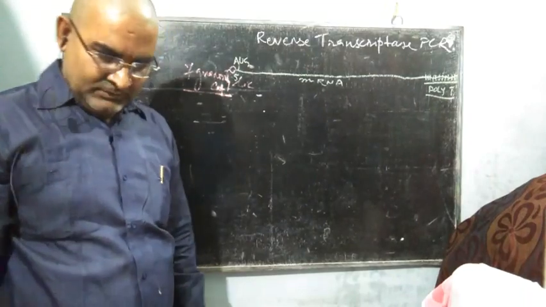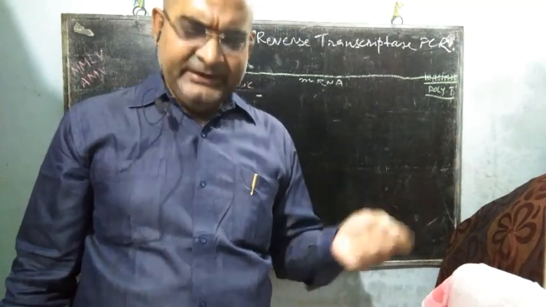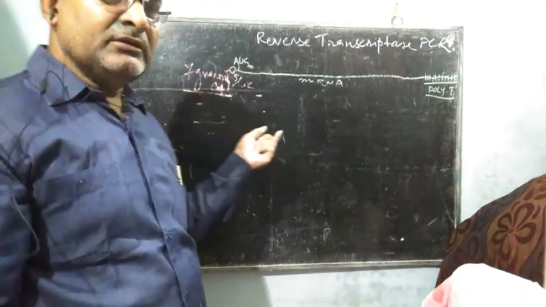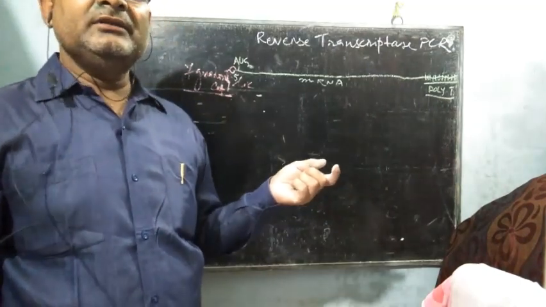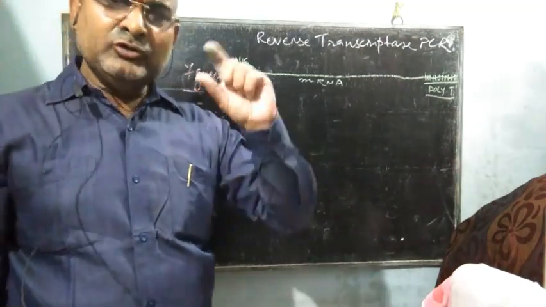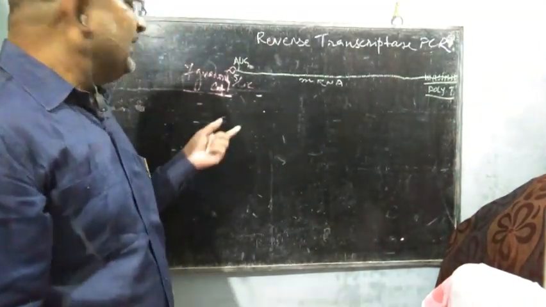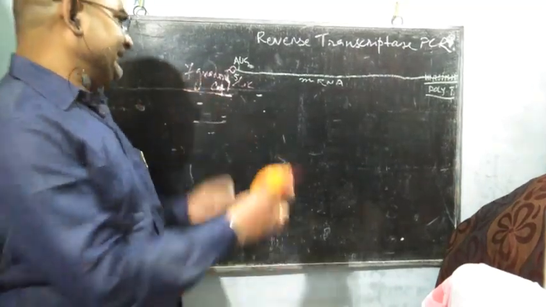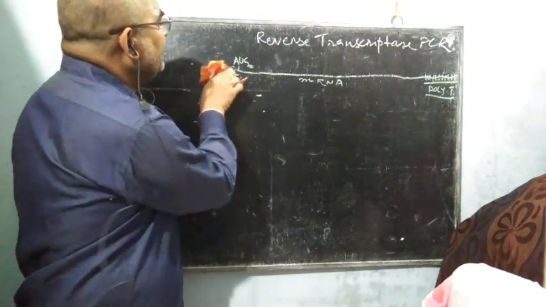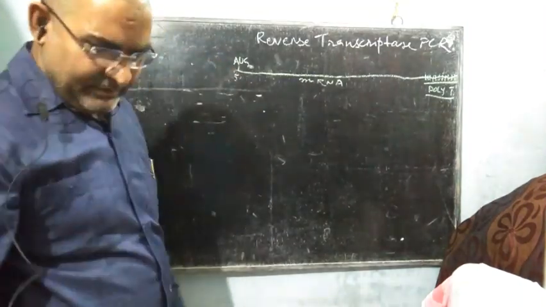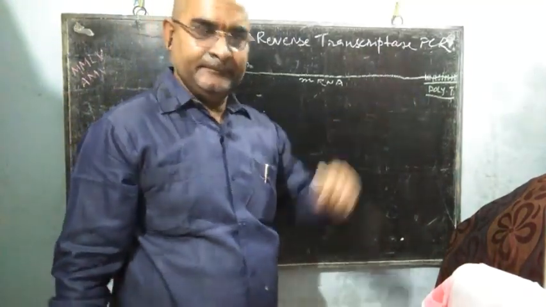But here we have no need of the cap, because the cap is associated with ribosomal attachment and helps in protein synthesis. Here we have no need of this sequence, but here we have the poly A tail.